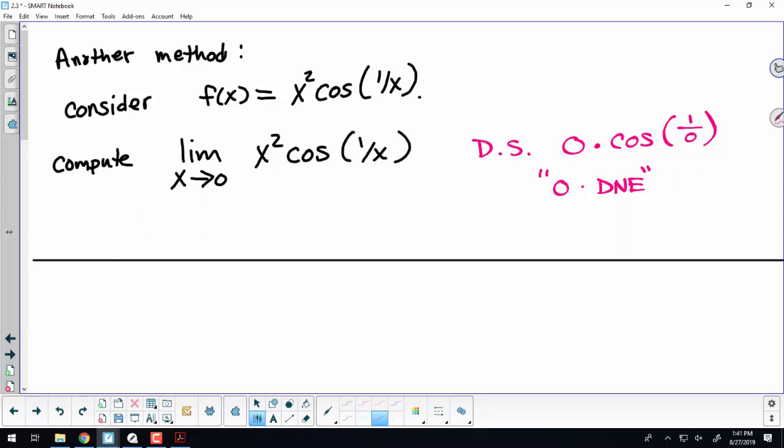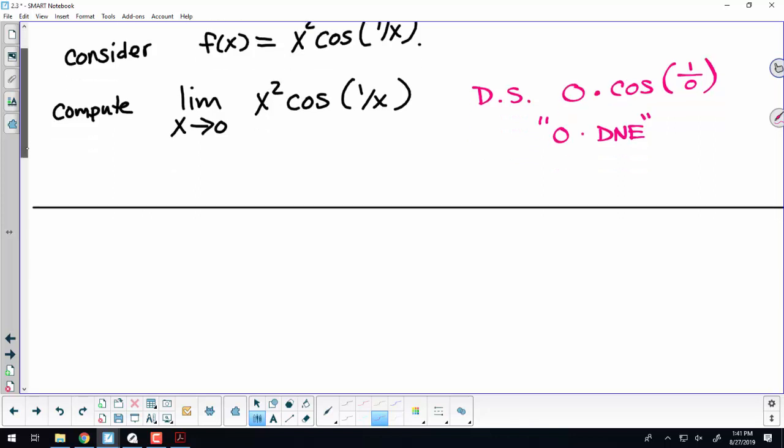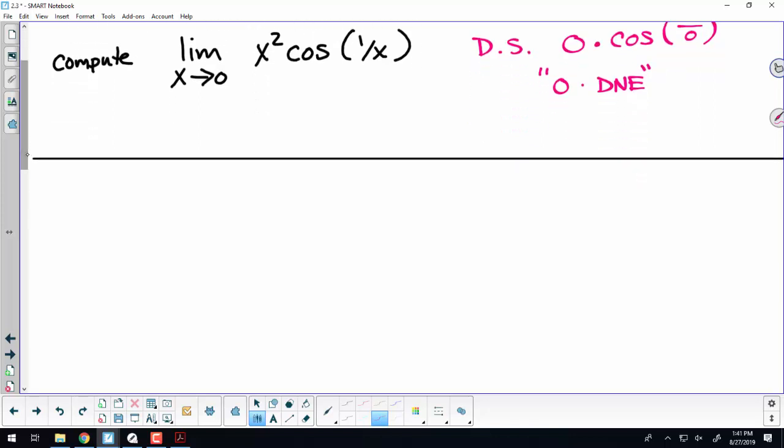We can't rationalize or simplify the fraction within the cosine. So the methods we've looked at so far are limited in some regards, but by and large they tackle the majority of limits that we see. So we've got to talk about another way to compute certain limits, like this one, for example.